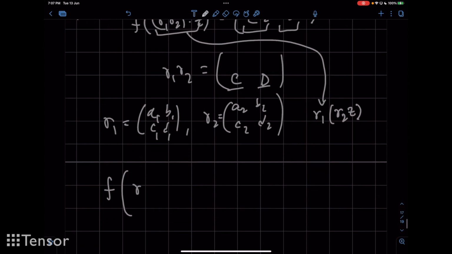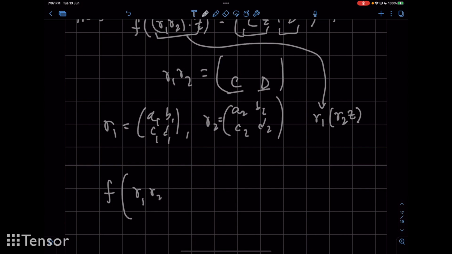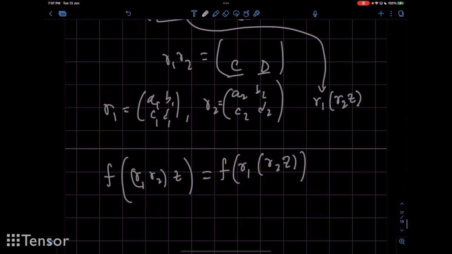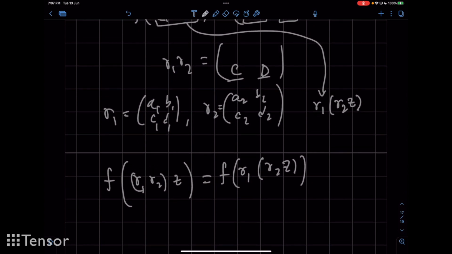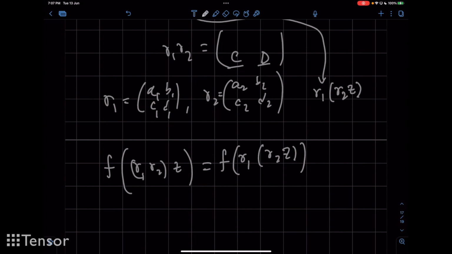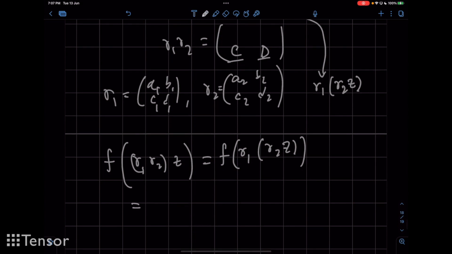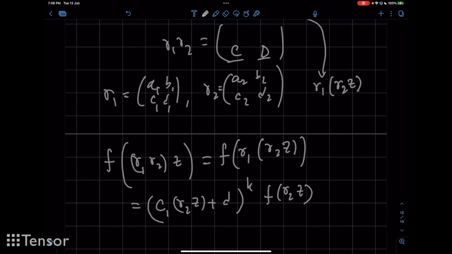We know that f satisfies the modularity condition for gamma 1, so we have (C1 gamma 2 z + D1) to the power k times f of gamma 2 z.